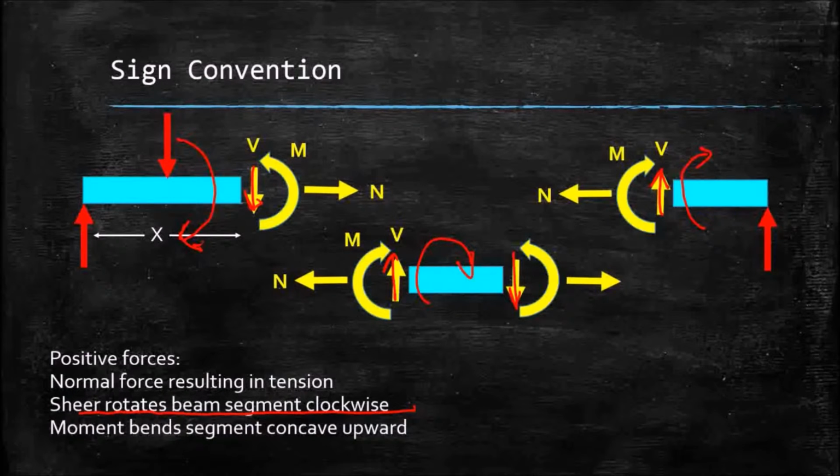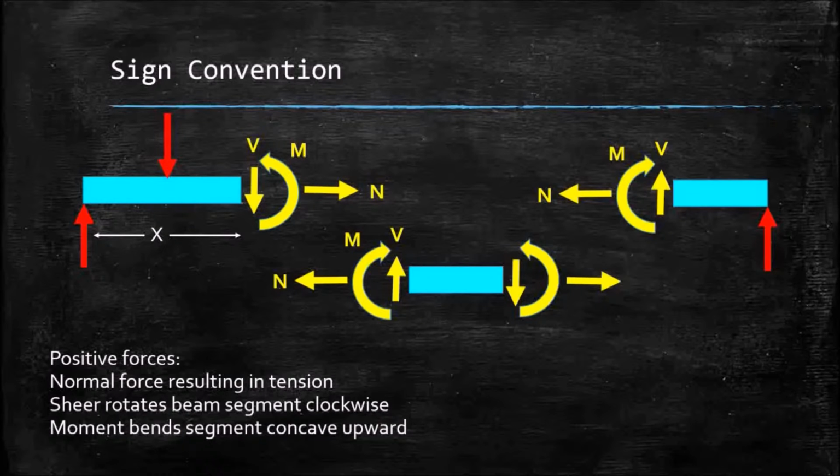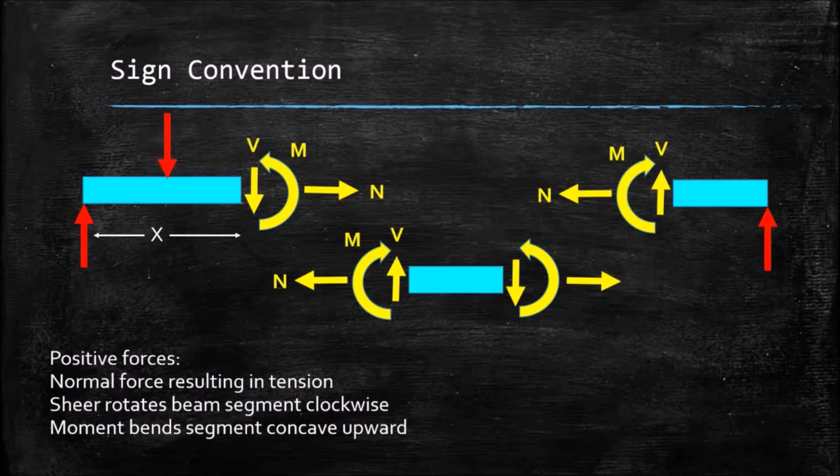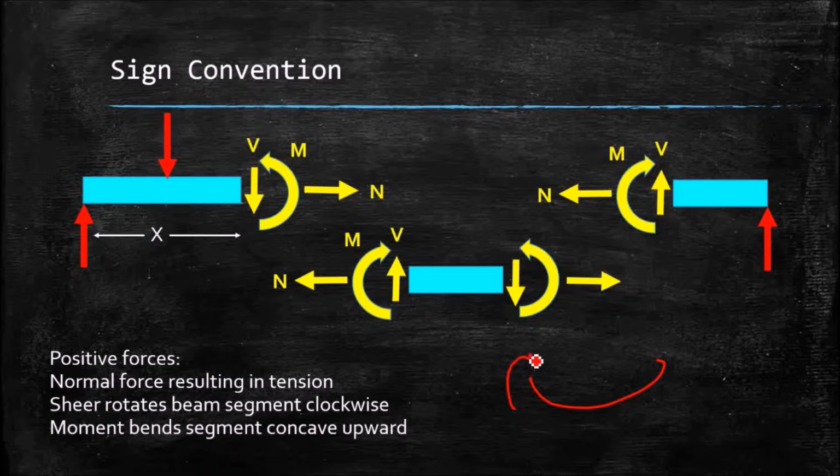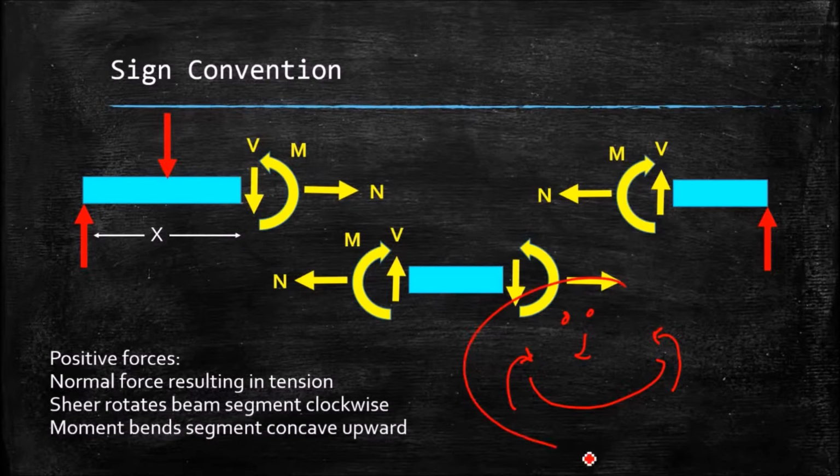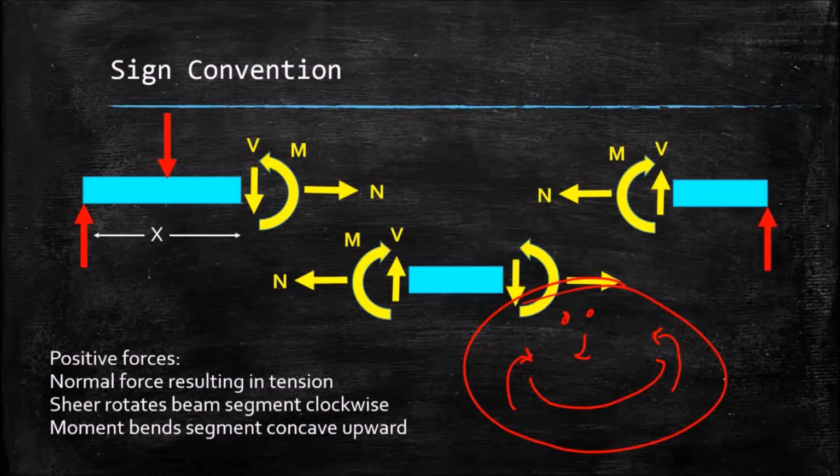And then for our moments, we say anything that bends a segment concave upward is positive. By that I mean if we're bending a segment like this, we have a moment applied that way and a moment applied that way, that gives us our concave upward direction, or if you prefer, a smiley face.